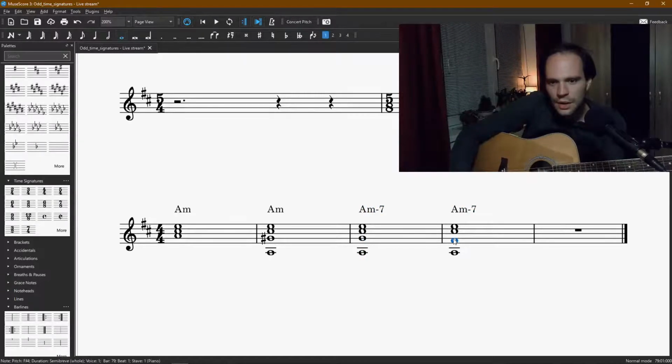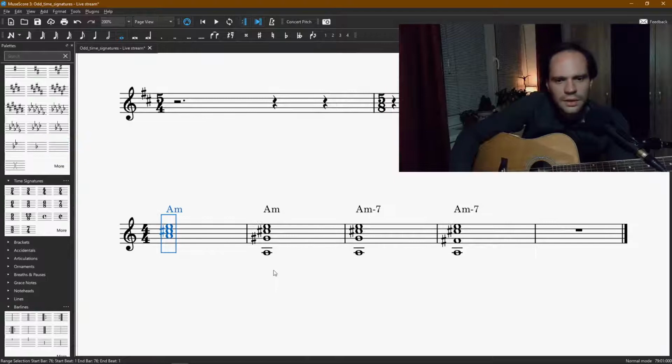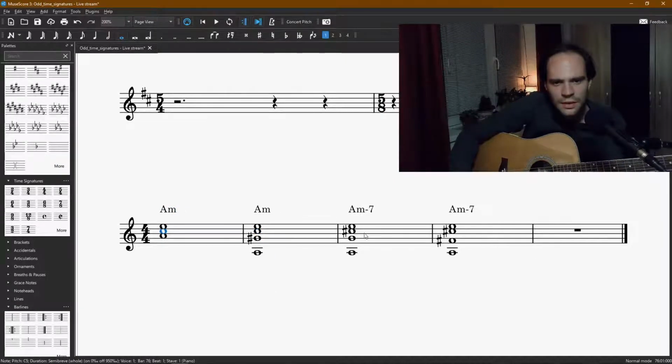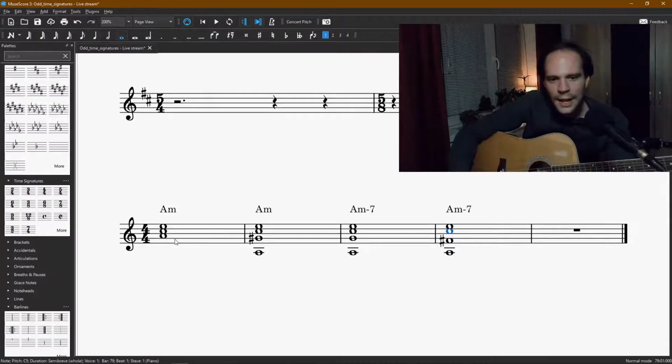But now, oh, it's still in the key of, I need to change the key also. There we go. Yeah, see, it was incorrect. Sorry, I missed that. We had some sharps and flats, sharps at the beginning of the key.